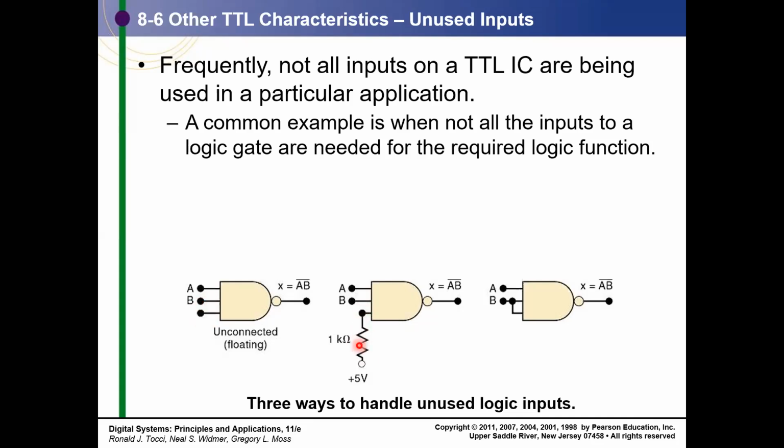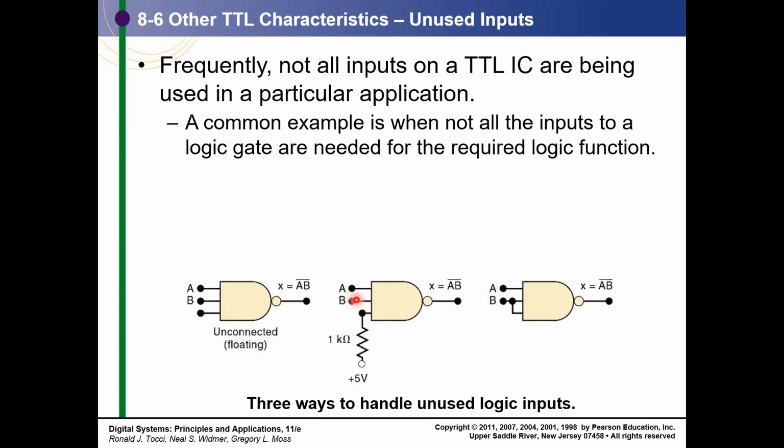It is better if you connect it to a logic 1 through a resistance, or whatever way you are applying logic over here, you apply logic 1. Or, the second thing, you short this with another input.